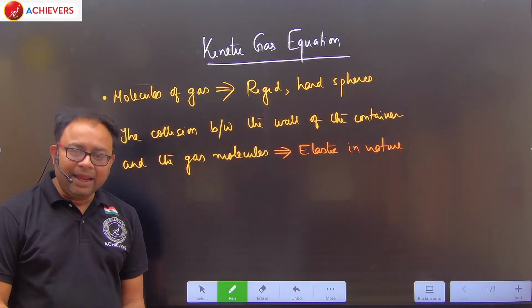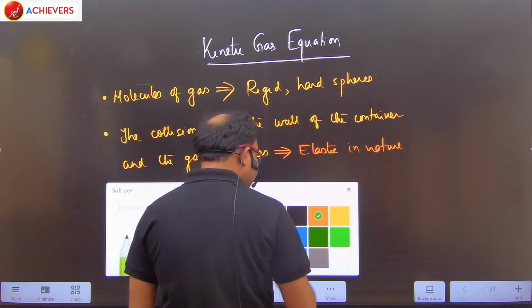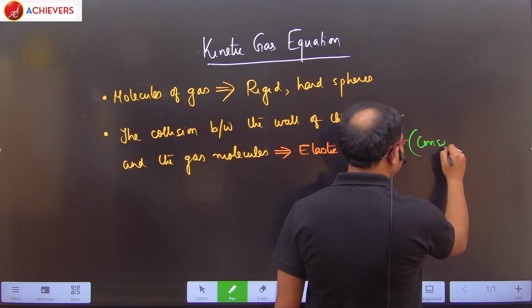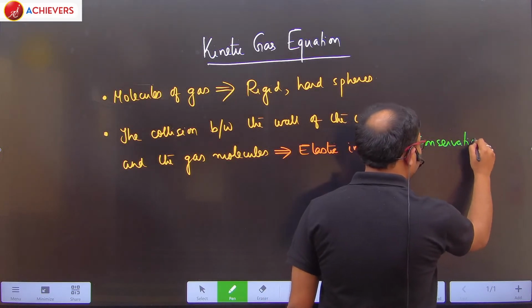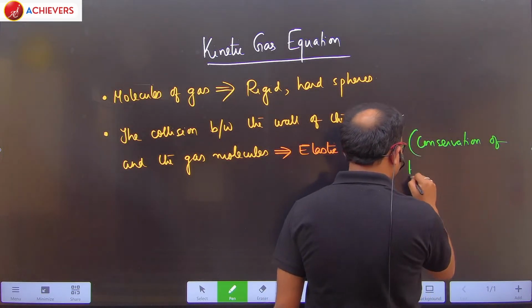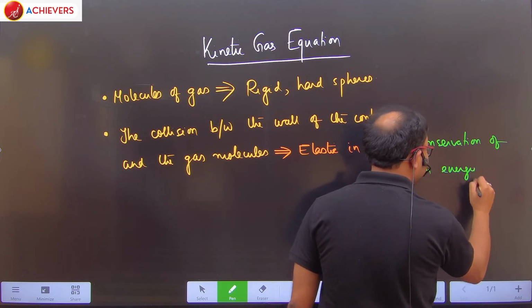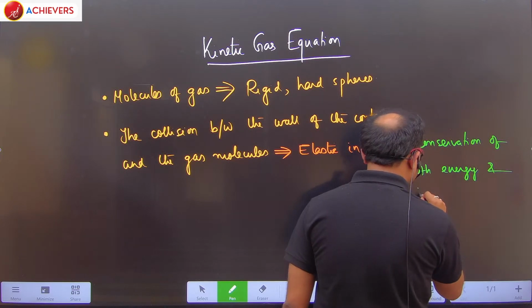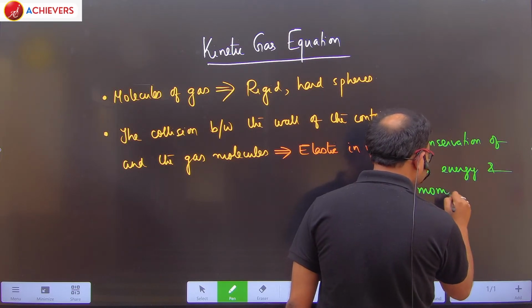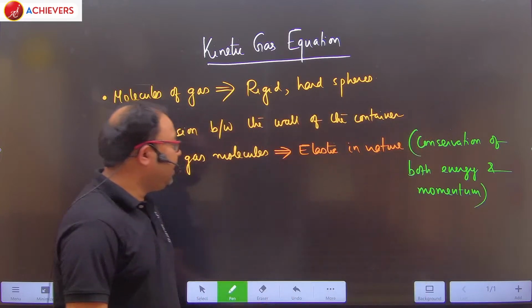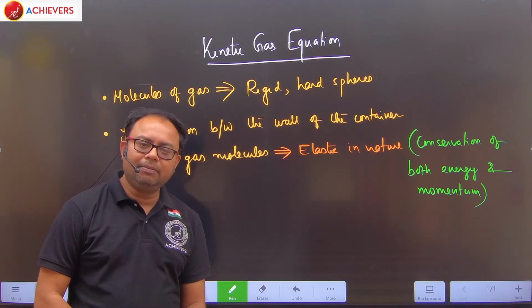What does that mean? That implies conservation of both energy and momentum.